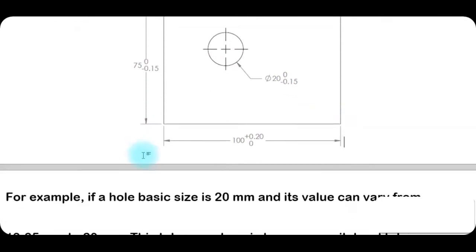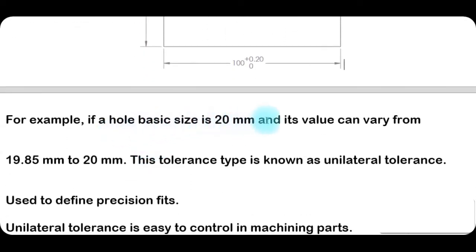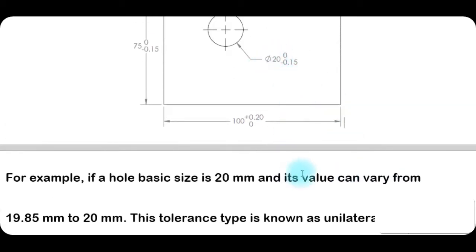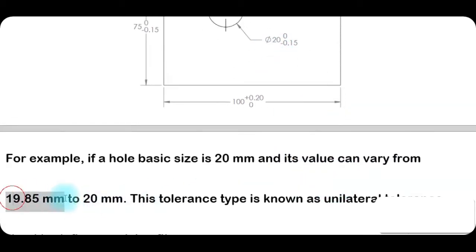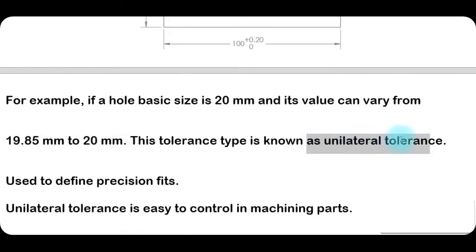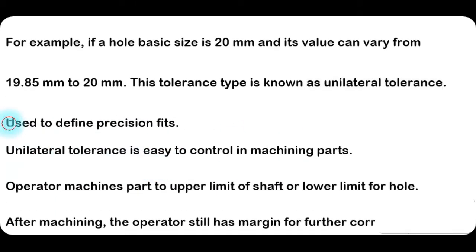For example, if a hole size is 20 mm and its value can vary from 19.85 mm to 20 mm, the tolerance type is known as unilateral tolerance.